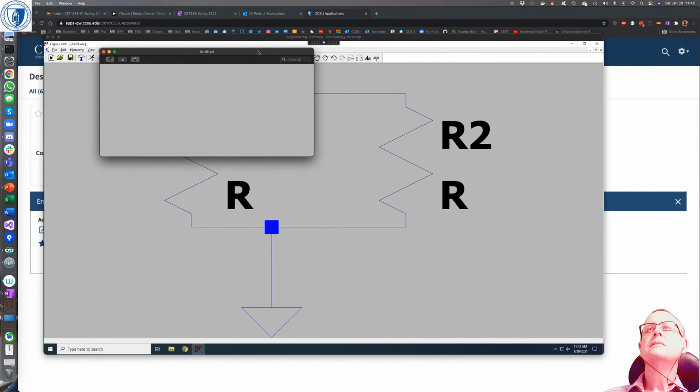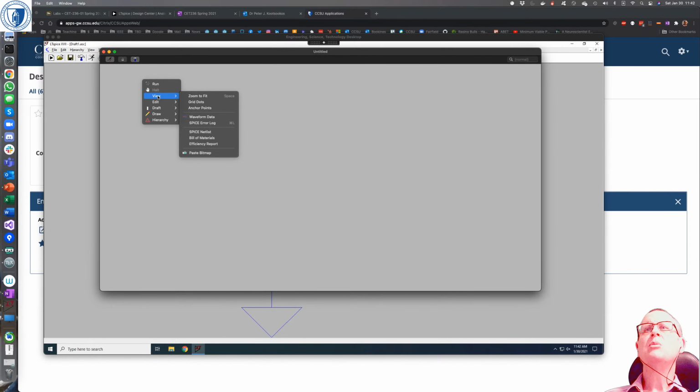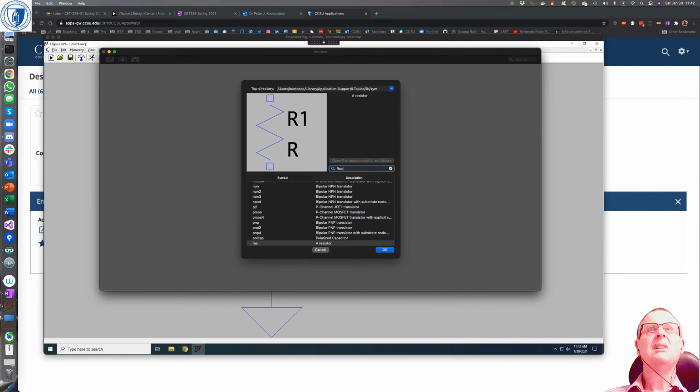Okay, so I think what I want to do is, and then I want to do a resistor, right?